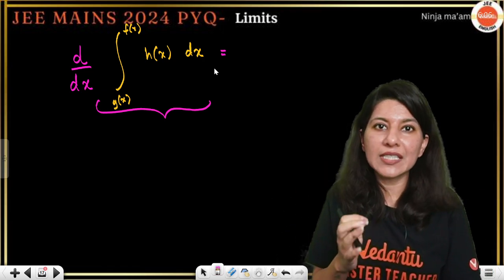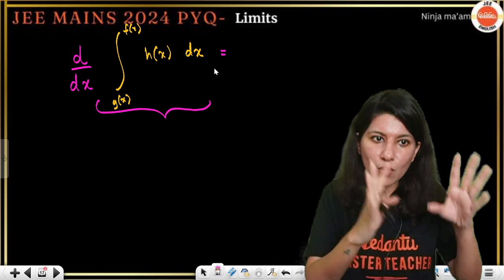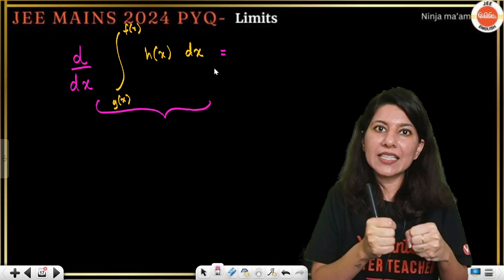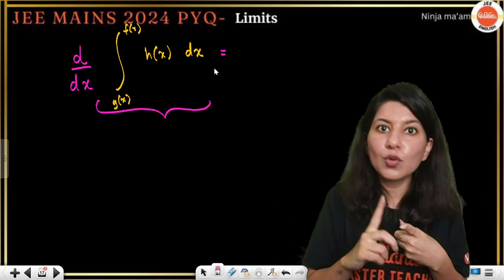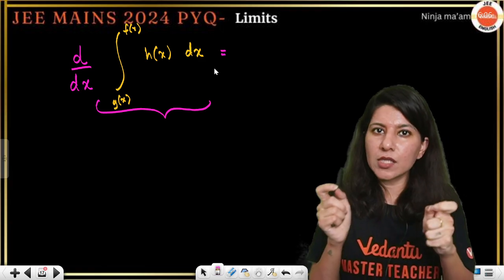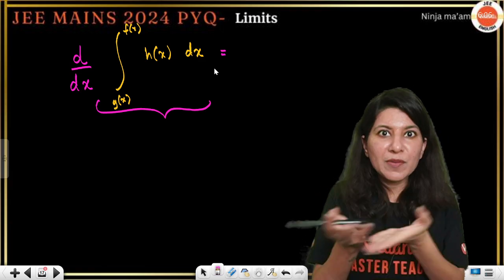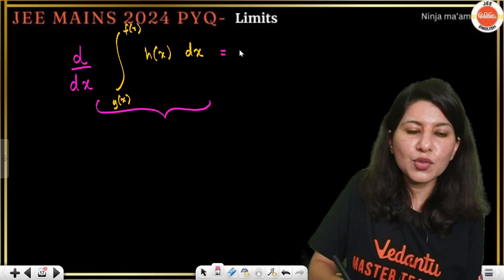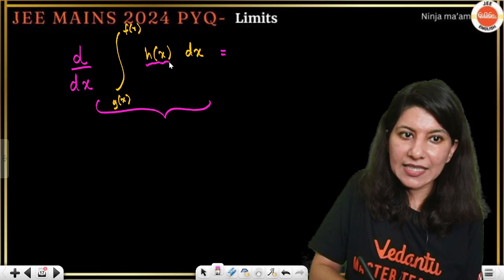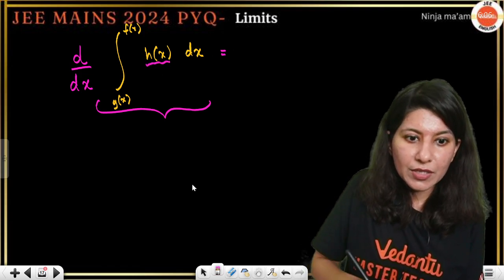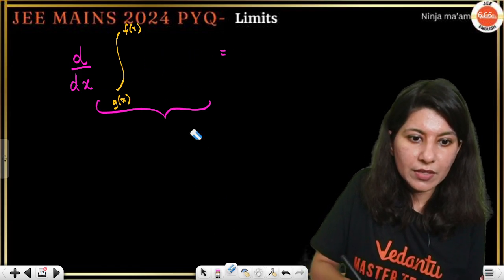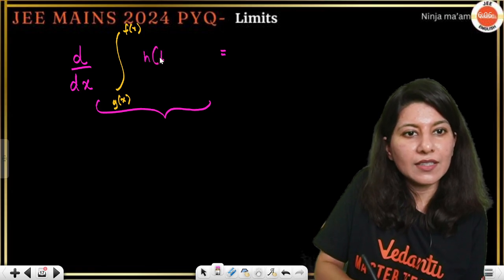In this, obviously, because integration and derivation are already there, they should be cancelling each other. So you don't have to integrate, you don't have to differentiate, but you have to follow certain rules while performing the action. So the rule is, this is h of t dt. Sorry guys, sorry.